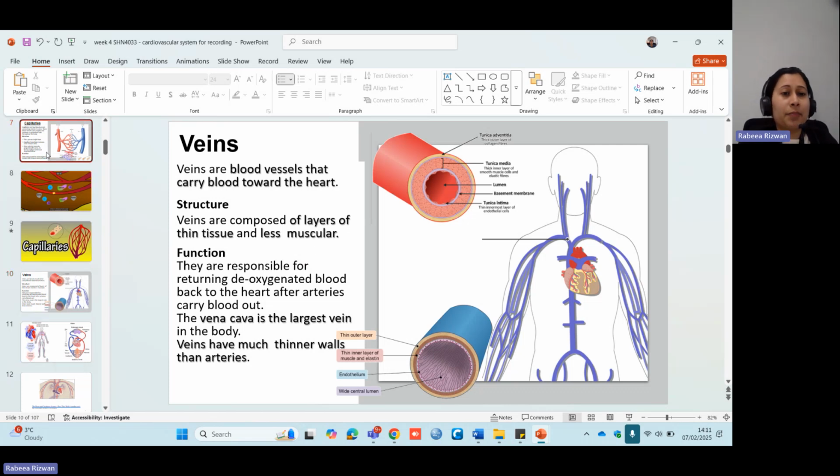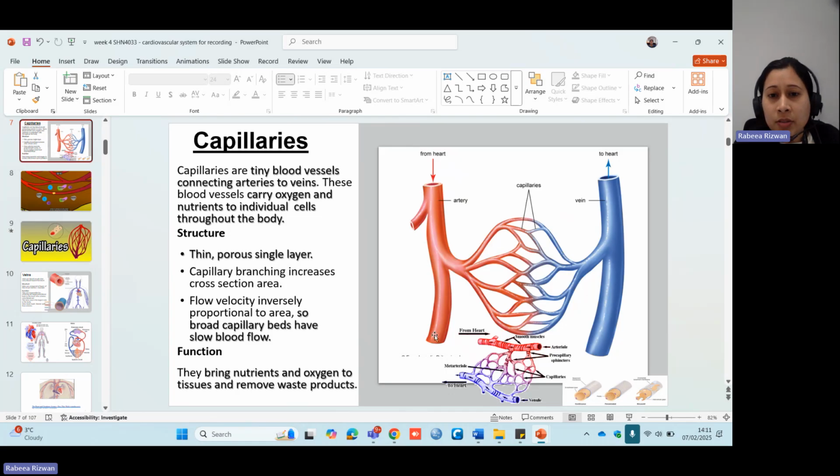Now let's discuss capillaries. This is a picture of the artery. This is the vein. In between, when they are branching out, they make a system like a meshwork. These small, delicate vessels are called capillaries. They carry both oxygenated and deoxygenated blood. But what is actually happening in this part?